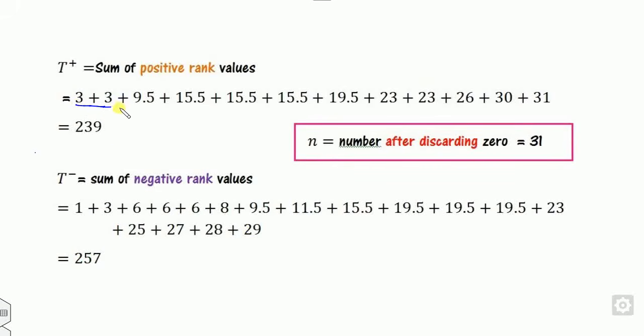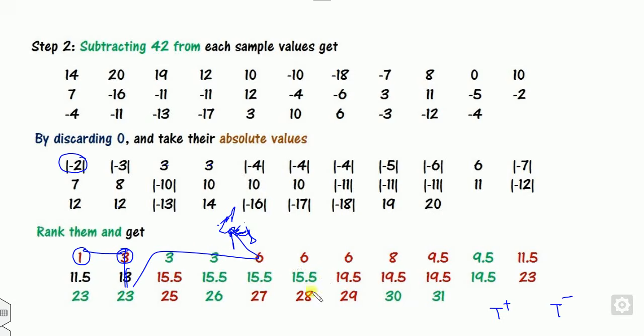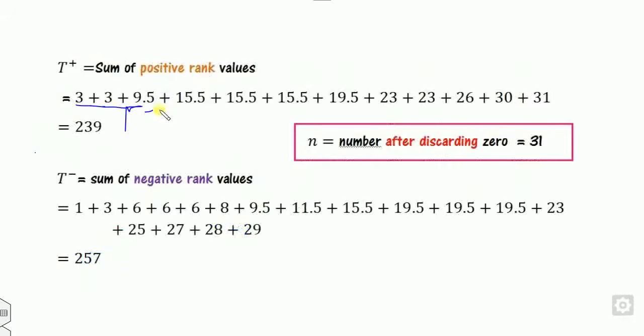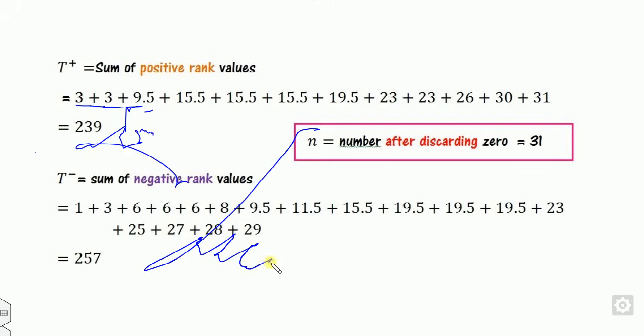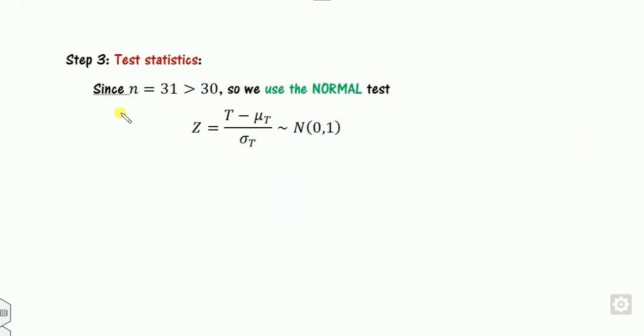Look at 3 plus 3, 9.5, 15.5, 15.5, all are my T positive, so you will get this number. After that you will calculate T negative, which is the same. Once you complete this, you will calculate the T by step 3.